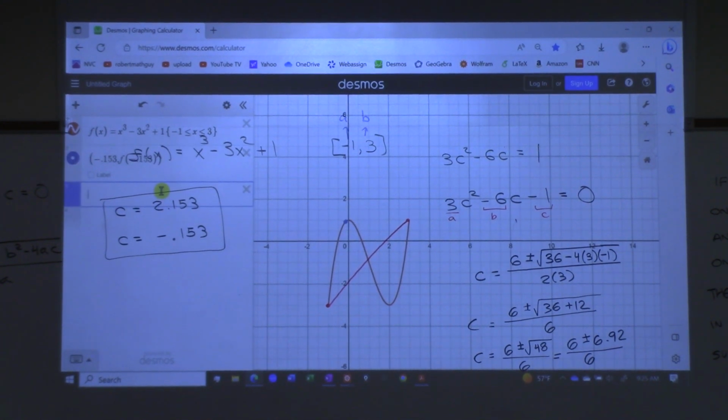I'll have the computer do it for us. Y minus F 0.153 equals. Okay. Do they look parallel to you?